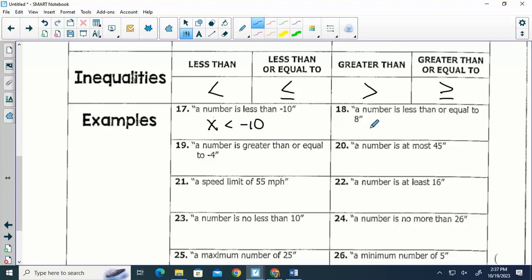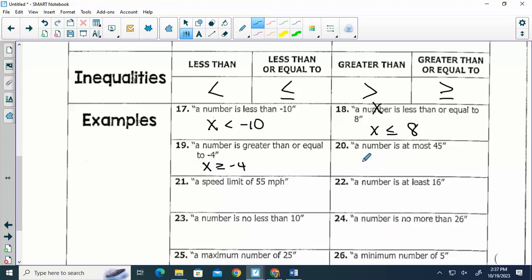Number 18, a number, so that's my x, is less than or equal to 8. So you just have to make sure you're putting your inequality symbol going the right way.